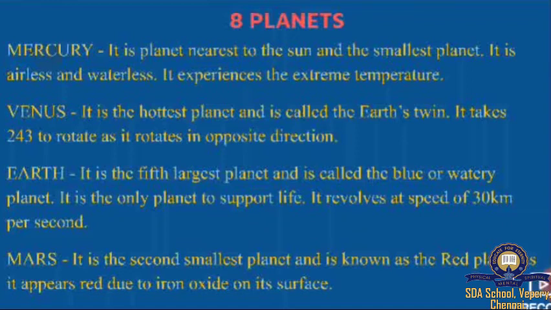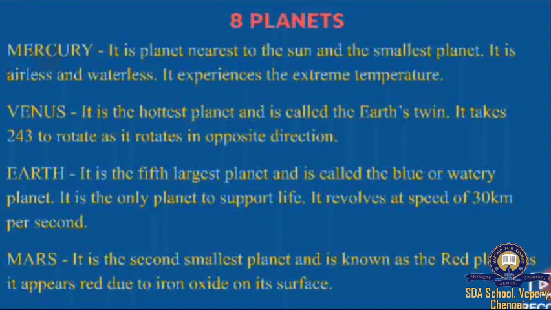Third is the Earth. It is considered to be the 5th largest planet, and it is the planet on which we live. It is called the blue or the watery planet as it has a lot of water in it, and it is the only planet to support life.